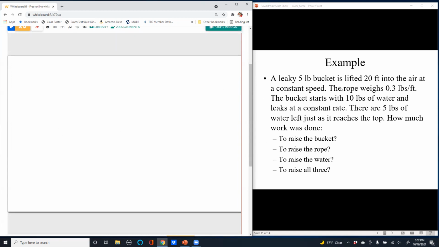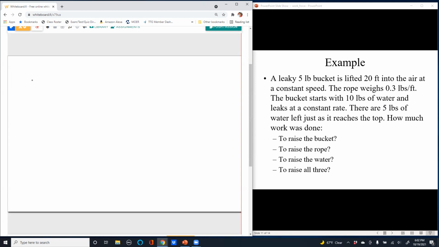Got a leaky bucket that's lifted 20 feet into the air at a constant speed. The rope weighs 0.3 pounds per foot. The bucket starts with 10 pounds of water and leaks at a constant rate. There are 5 pounds of water left just as it reaches the top. How much work was done to raise the bucket, rope, water, all three together?